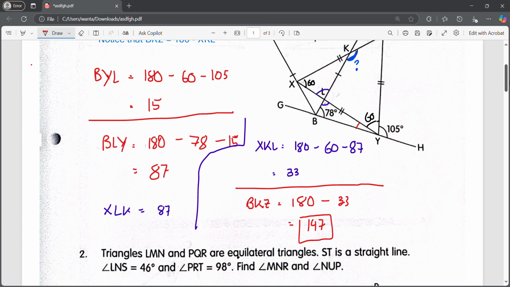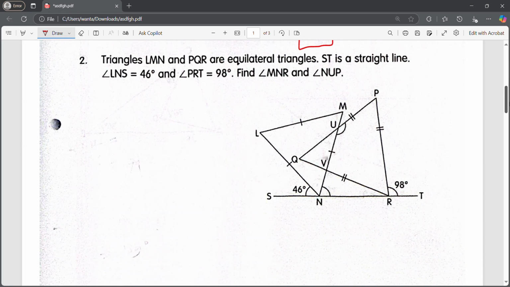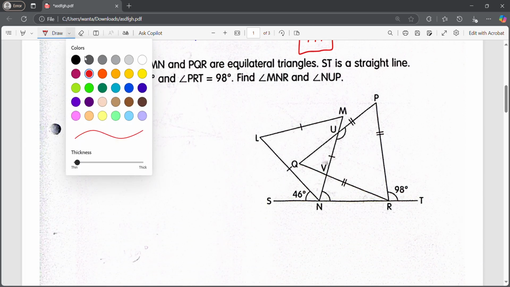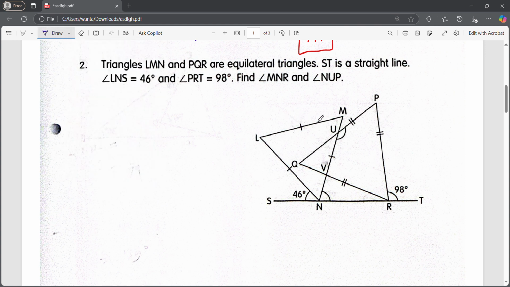Okay, let's go to number 2. Now you can pause the video first if you want to try it by yourself. Okay, so we're trying to find MNR and NUP. Now, just like the last one, let's first find where the angles are in the picture.